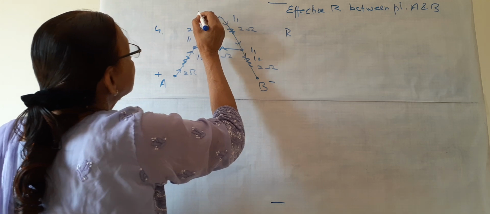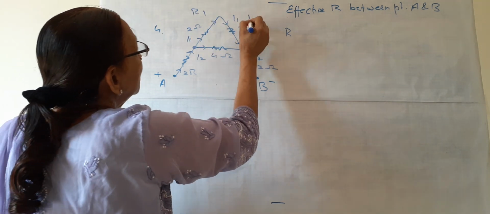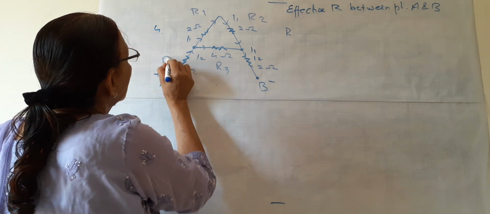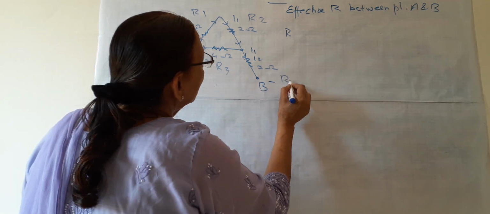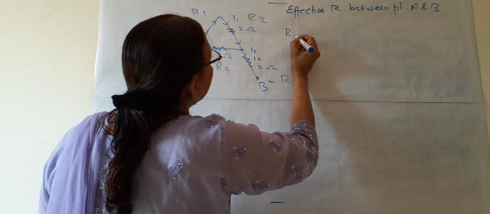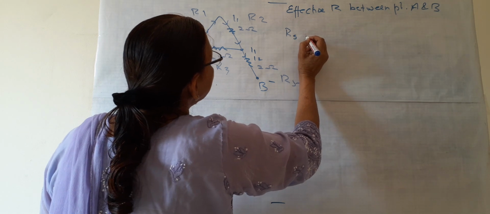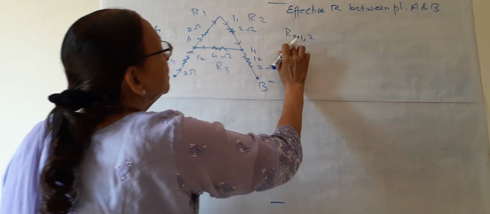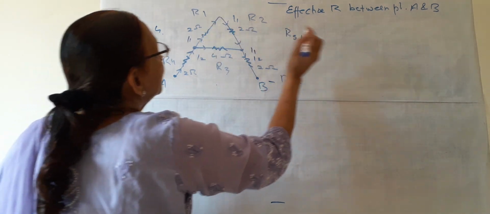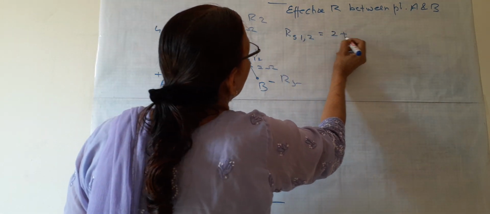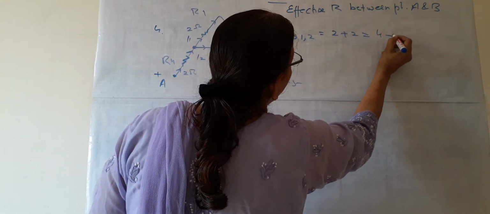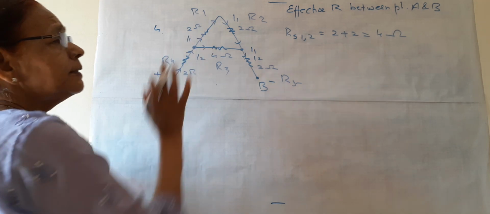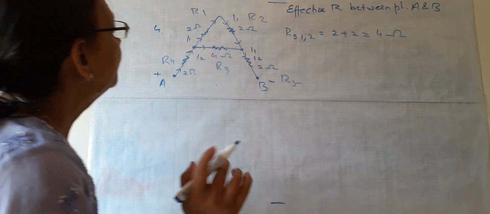So suppose this is R1, R2, R3, R4 and R5. We can write that R1 and R2 are in series, and they are 2 plus 2, 4 ohm. Is it okay? These two are in series and they are 4 ohm.